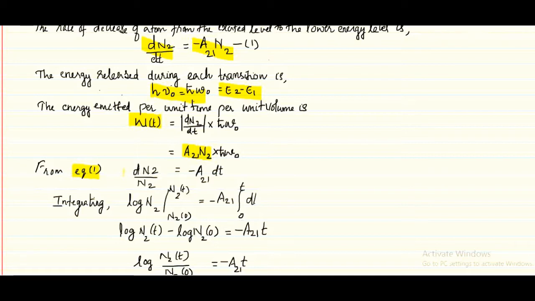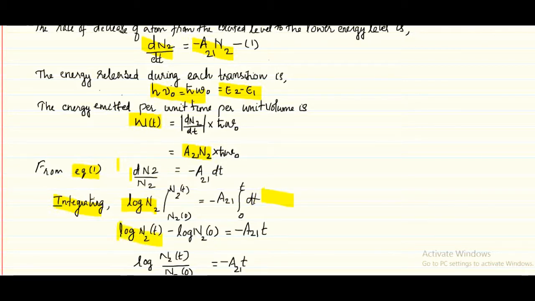So from equation 1, on rearranging we can write dN2/N2 equals minus A21 dt. On integrating the above expression, we get log N2 from N2(0) to N2(t) equals minus A21 times the integral from 0 to t of dt.